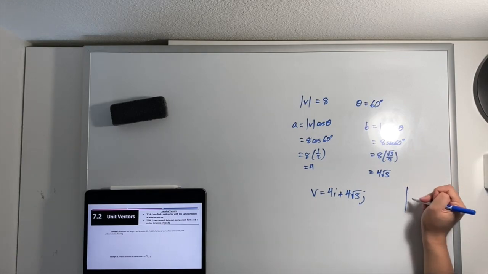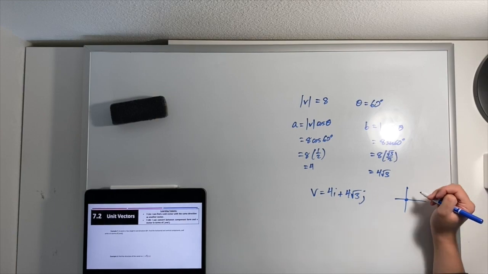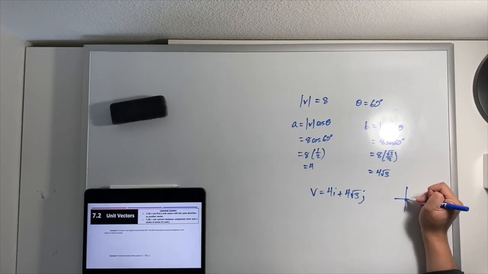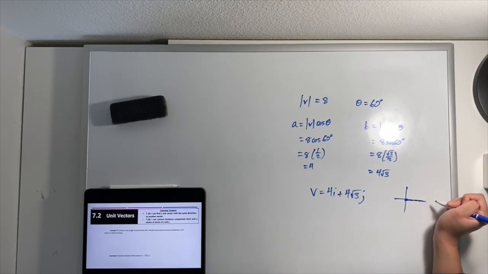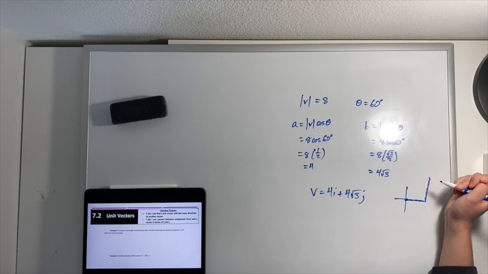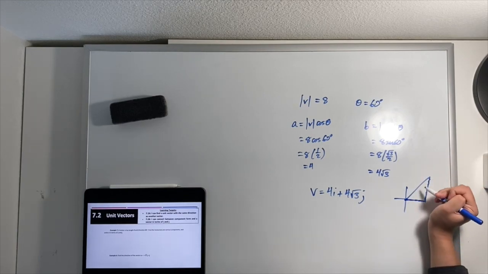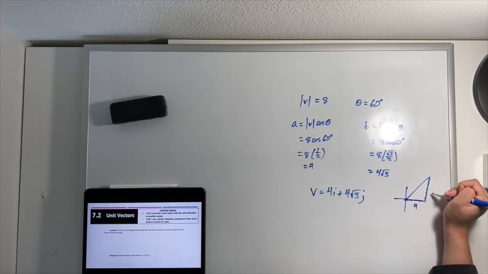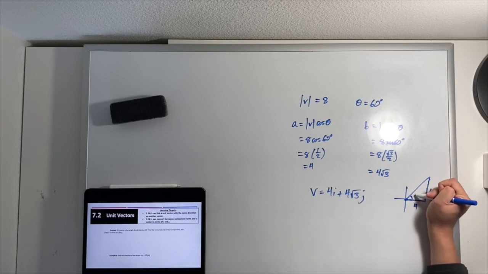In other words, from wherever we're starting with this vector, remember it doesn't have to be the origin, in this case it is, over 4, and then up 4 times the square root of 3. Okay, so it's going to be a little more. So this should have a direction of 60 degrees and a length of 8.